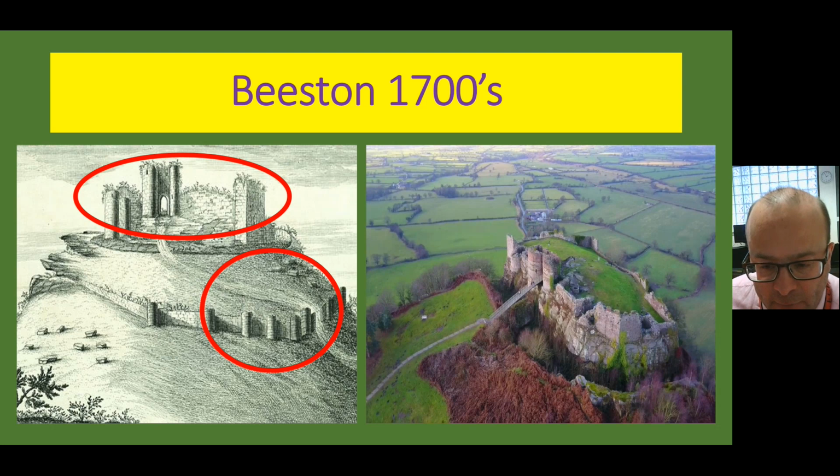Again, you can see the planting of the trees still hadn't happened. You can see where the castle had been slighted after the Civil War. You can see how it's sort of damaged at the top. But you can still see that actually in the 1700s, some of those towers in the curtain wall still existed. Those D-shaped towers that I mentioned earlier.